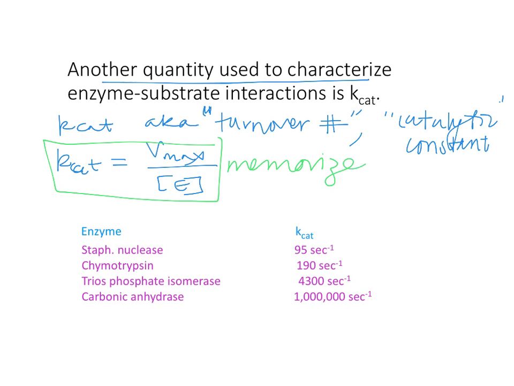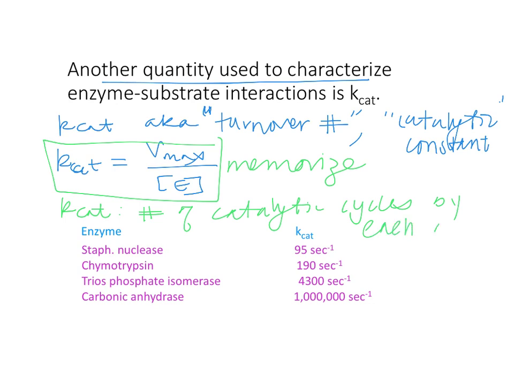And what it is, in other words, is kcat is the number of catalytic cycles by each active site per second. So if you'll notice, all these kcat values have per second, per second, per second. For kcat, the bigger the number, the better. Okay?